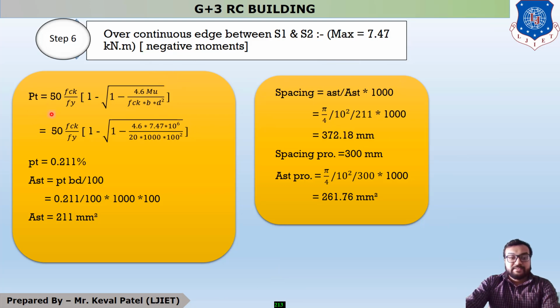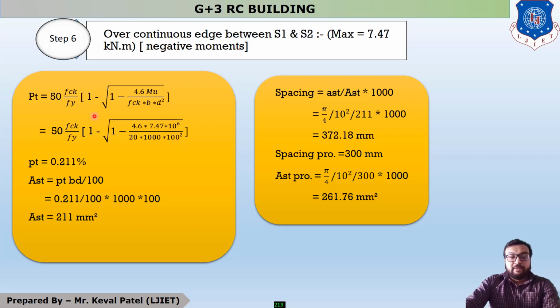pt is equal to 50 FCK by Fy, 1 minus under root 1 minus 4.6 Mu upon FCK b d square. Now our Mu is 7.47 into 10 raised to 6, and we have to use Mx. It means in x direction. For x direction the value of d is equal to 100.